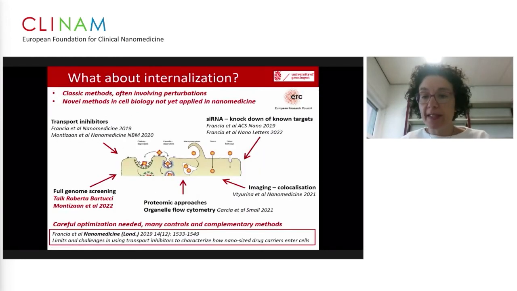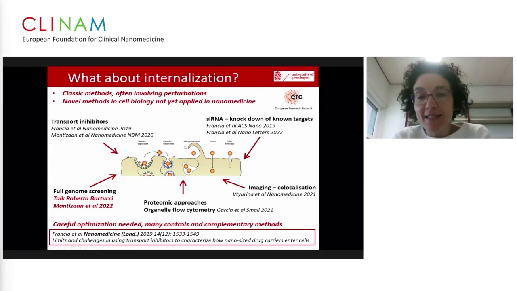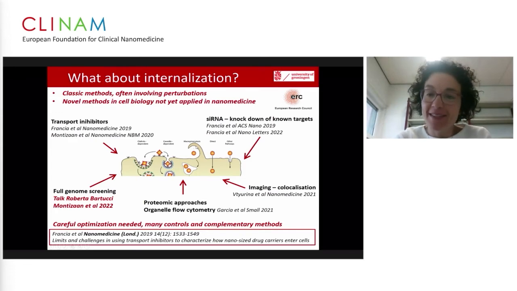What about uptake? What about the mechanism of uptake? This is a topic I love. I love endocytosis, and there are many different methods to study uptake, and it's not easy. No method is perfect. Every method has different limits and problems or benefits, and we've done a lot of careful optimizations to try to use these methods without creating artifacts. Roberta mentioned the work she did together with Daphne with full genome screening.